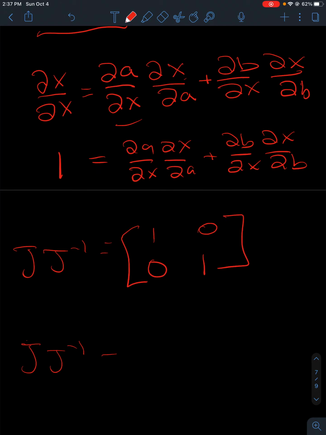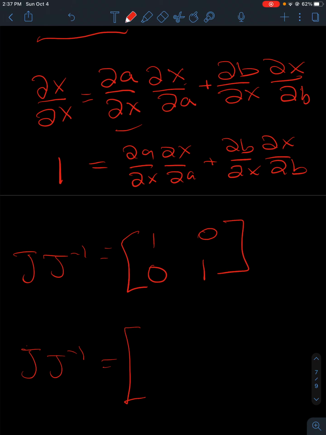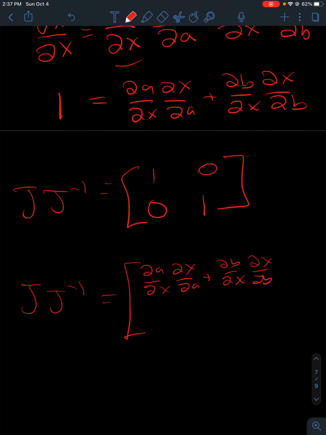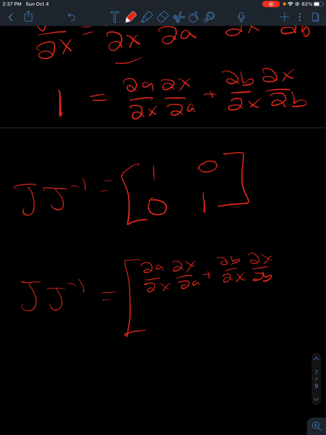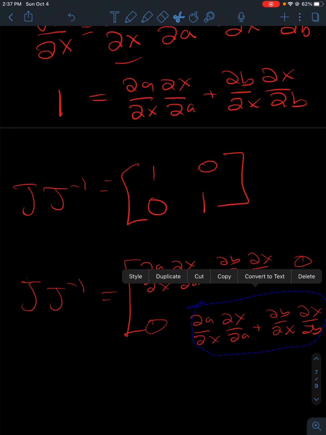So that first entry should be just the 1, and it should give us 0, 0, and the same thing right here.